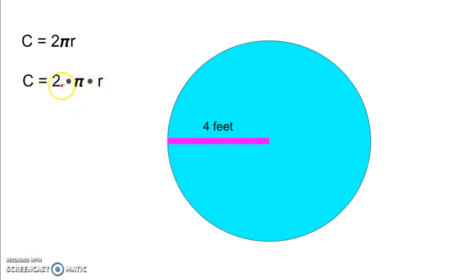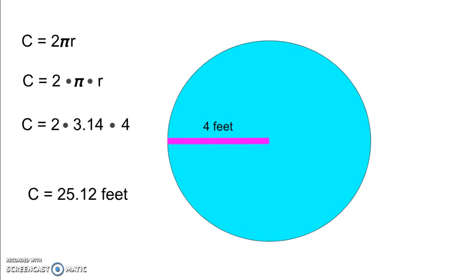First we multiply 2 times pi, and then we can multiply the answer there times the radius. So we substitute for what we know. We know it's 2 times 3.14, and then we multiply it times 4. And our final answer is going to be C equals 25.12 feet. It's as easy as that, guys.